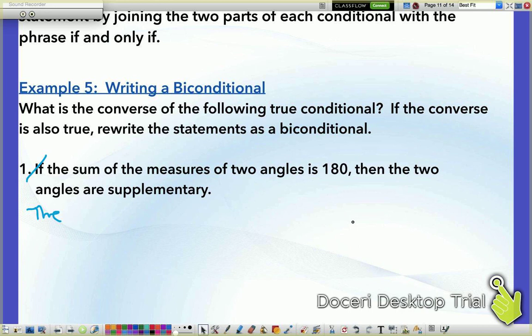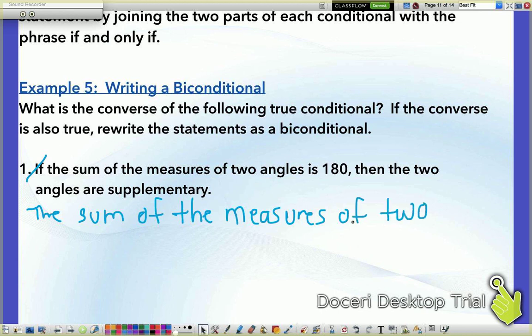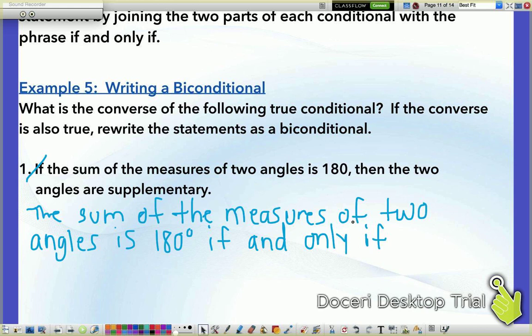The sum of the measures of two angles is 180 degrees if and only if the two angles are supplementary.